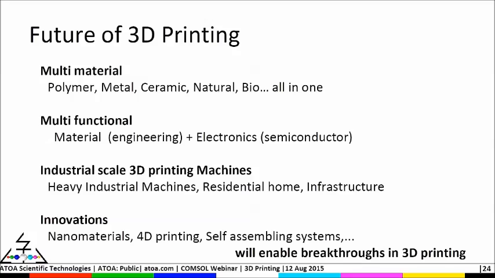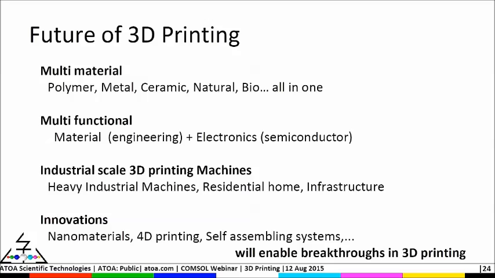Also, if you look at a practical product, an automobile is a good example wherein you use different materials to make the whole product. Multi-material printing will make that a reality. Right now, the material world and the electronics world are two different worlds as far as 3D printing is concerned.